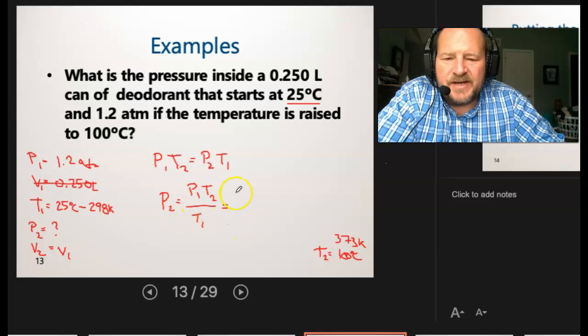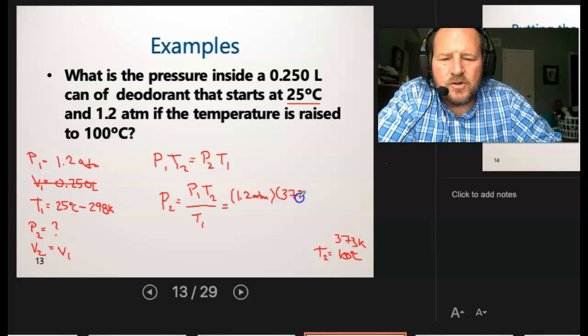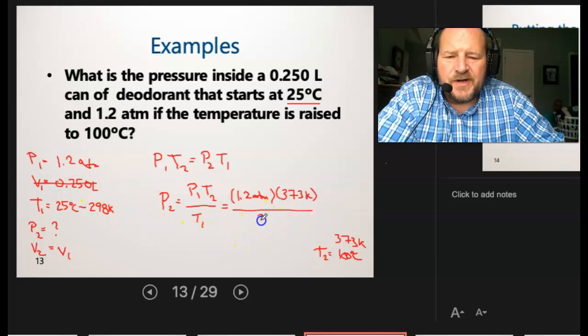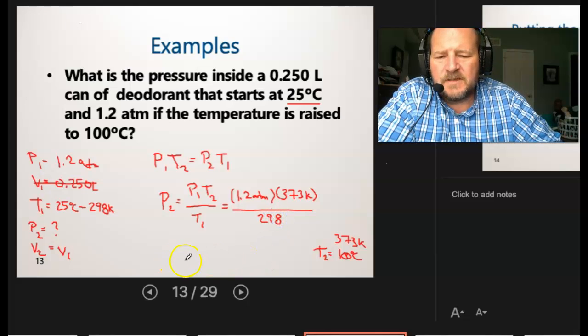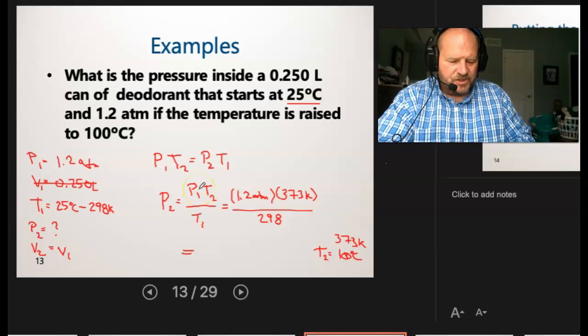So P1 then is 1.2 atmospheres, T2 is going to be 373 Kelvin, and T1 is going to be 298. Again, now it's plug and chug.